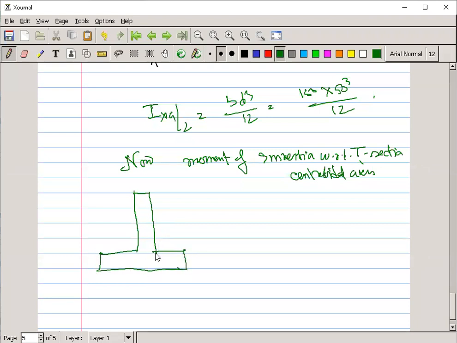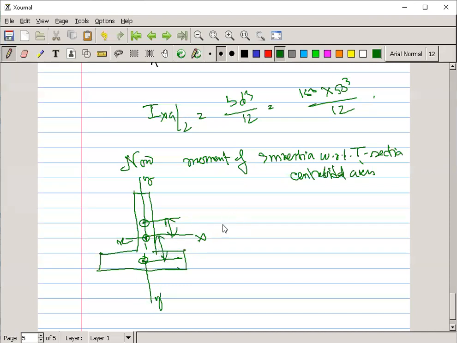If you consider the centroid for section 1 and the centroid for section 2, then your centroidal axis is a little bit in between, because this side has more mass. And this is axis-symmetric along the y axis. This is your x axis. So this distance you have to find out.